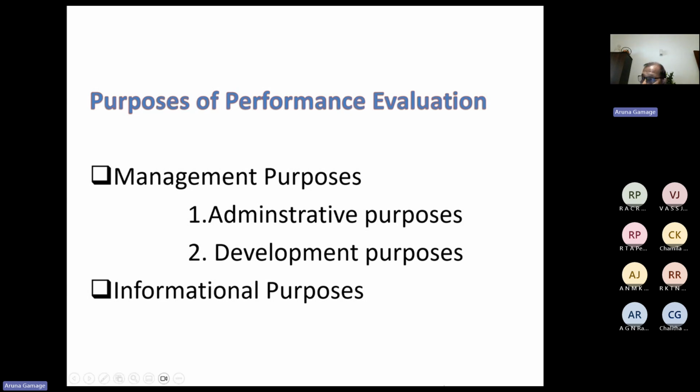Not only deciding whether increments are given based on performance, but also the size of the increment. Then you can use performance evaluation for human resource planning. In human resource planning, you have to engage in succession planning. Succession planning is all about determining who will replace whom in the event a vacancy occurs.